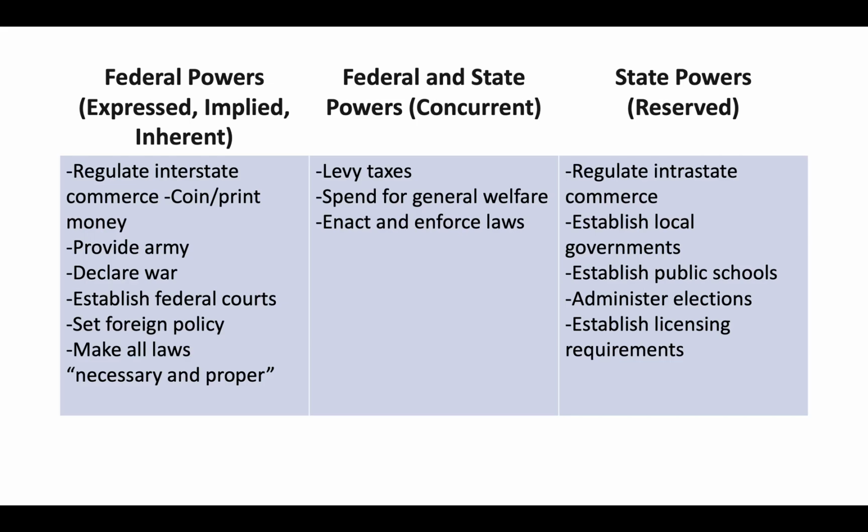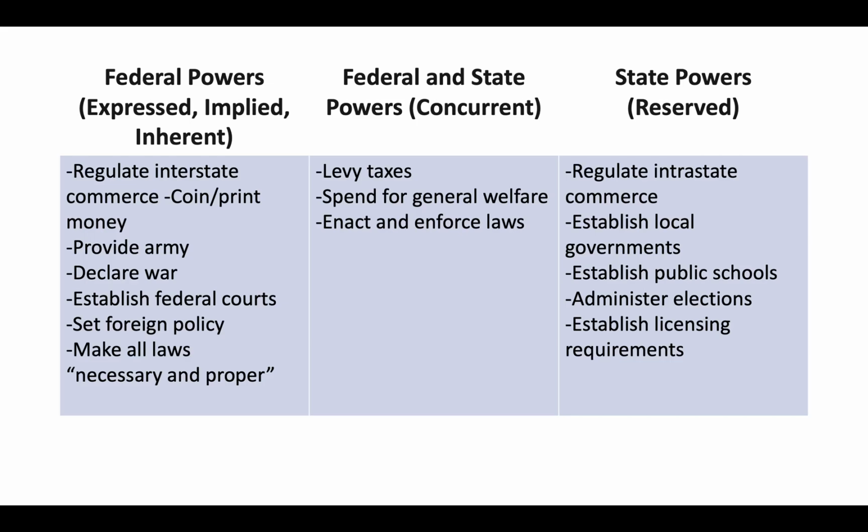It's inherent. Look at us identifying correctly. Are you learning things? Make all laws necessary and proper. It is implied. So, if you want to identify those, okay, so we know those, of course.